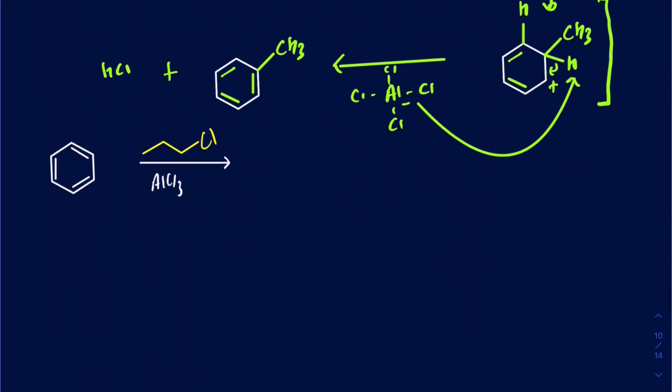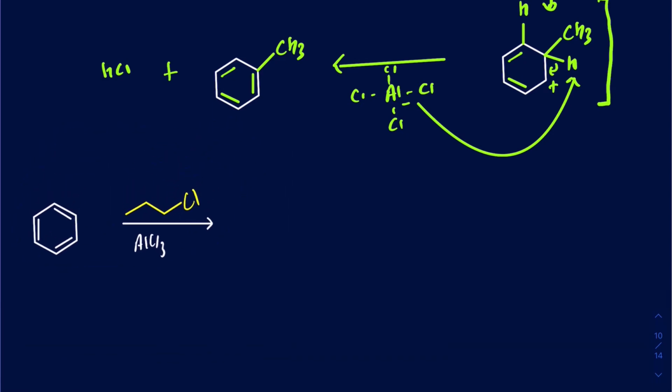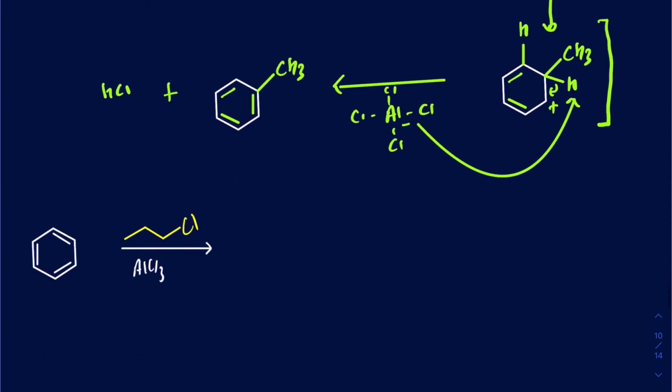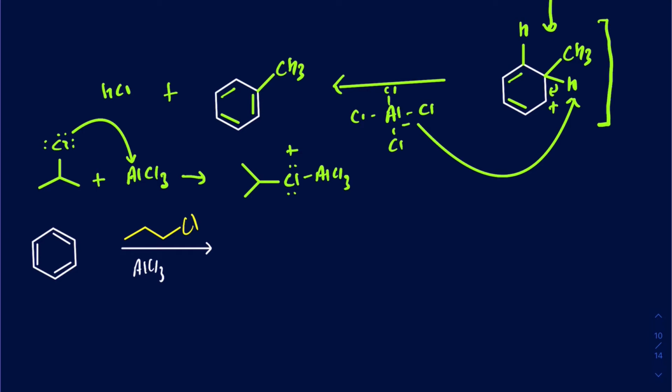Like I said, if you are about to make a secondary carbocation, then you can break the bond when you're making the electrophile. For example, suppose I had this secondary alkyl halide with AlCl3. I can do this first step where the lone pair on the chlorine attacks the aluminum. Now I have Cl there with a positive charge, and AlCl3 with a negative charge.